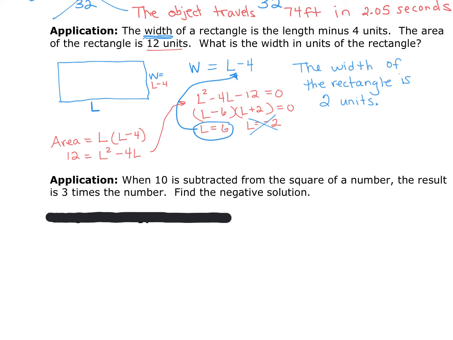We have, when 10 is subtracted from the square of a number, the result is 3 times the number. Find the negative solution. So let's identify our variable. Let n equal the number.